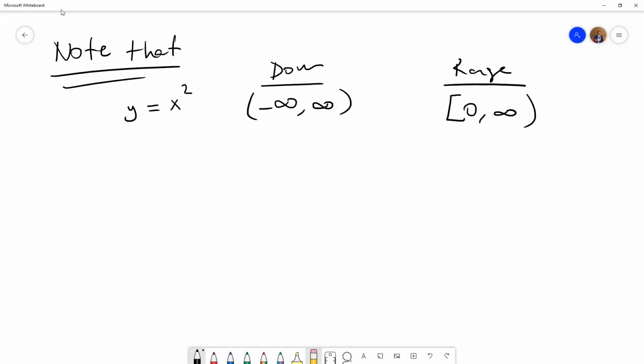And y is equal to 1 over x, our function, and domain is minus infinity to 0, open, and 0 to plus infinity. Our range is like that.